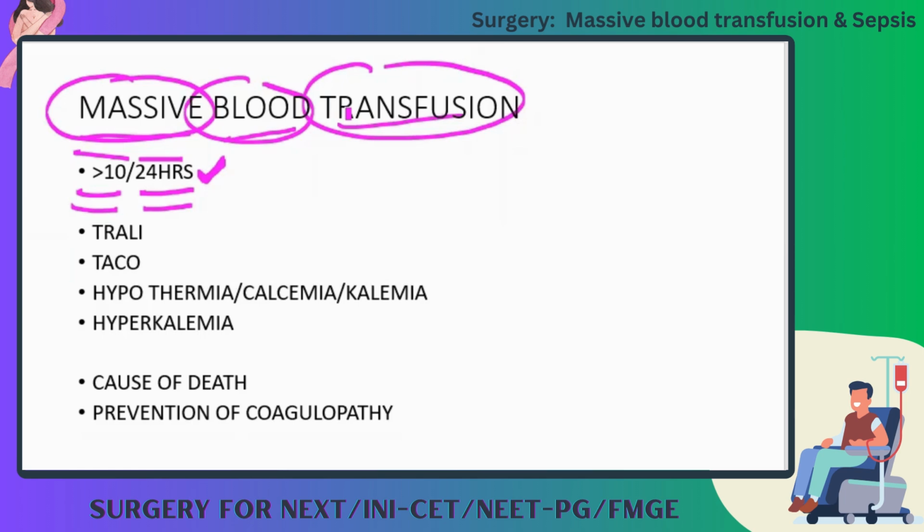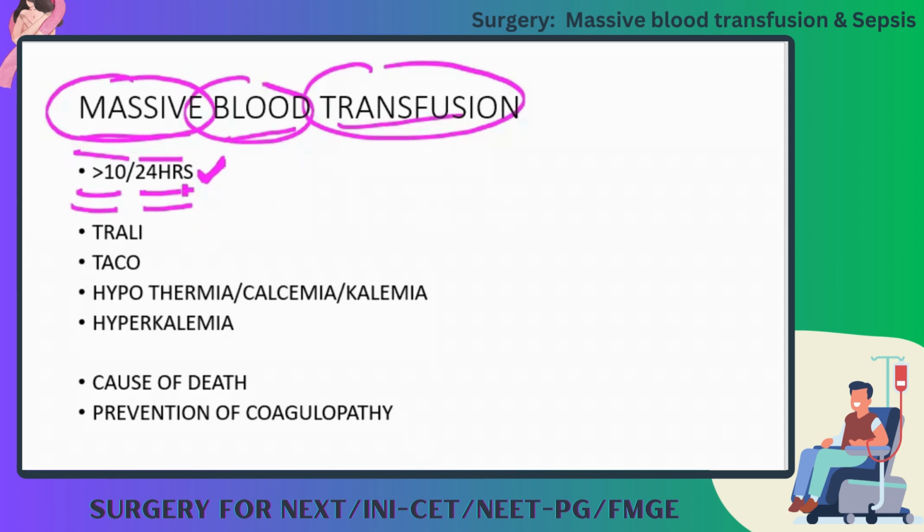While we were discussing duodenal ulcer, I told you one indication for surgery is bleeding, massive bleeding. If you are not able to control the bleeding with endoscopy 2 times, or if you are giving more than 10 units of blood per 24 hours, then you have to go for surgery. Yesterday we were discussing that. That is massive blood transfusion.